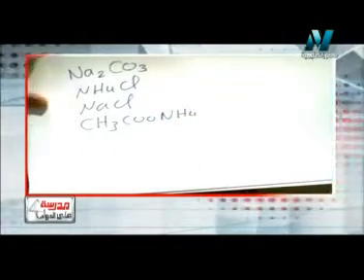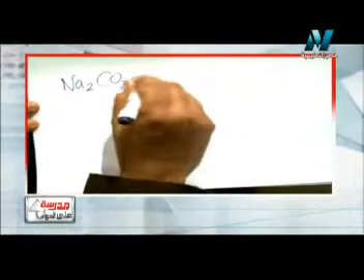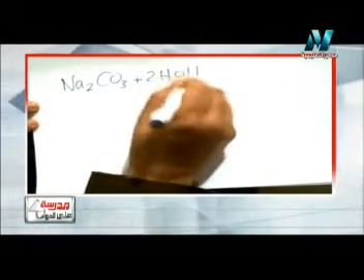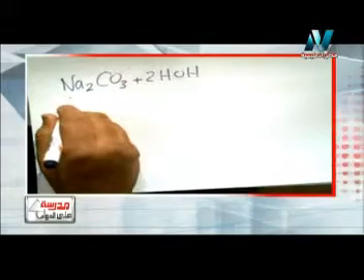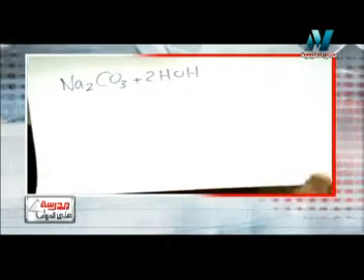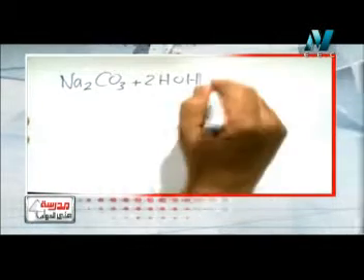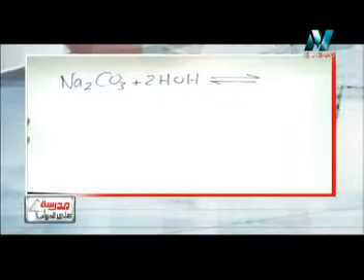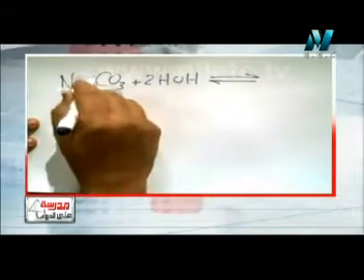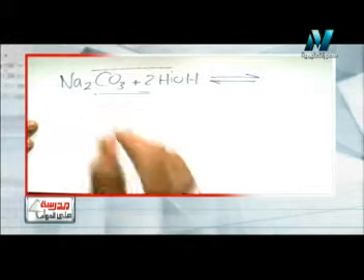Let's start with the first one. At first, I write the equation. Na2CO3 plus 2 molecules of water, because I have 2 positive ions. It will give H positive ion with CO3.